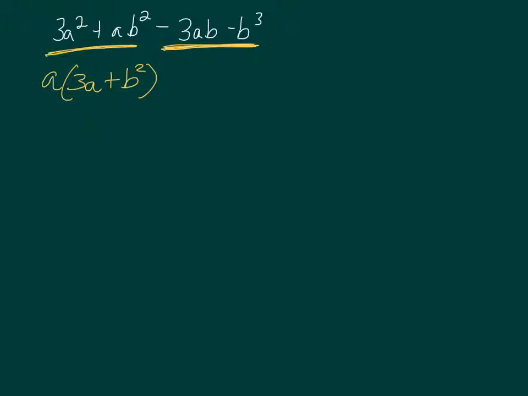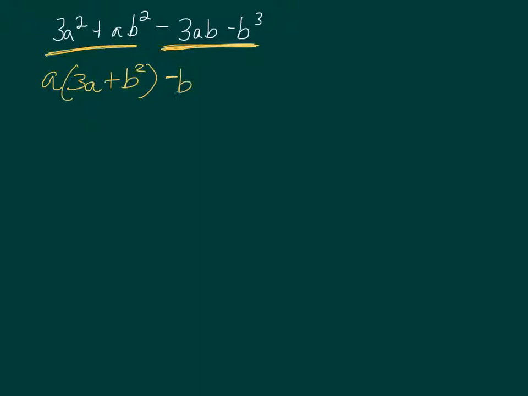Alright, now in the second group, negative 3ab minus b cubed. Now you'll notice that I have a positive 3a and a positive b squared, and I have 2 negatives in the second group. This might be a good time to use that technique of factoring out a negative. So I'm going to factor out a negative, and the factor that's in common is b.